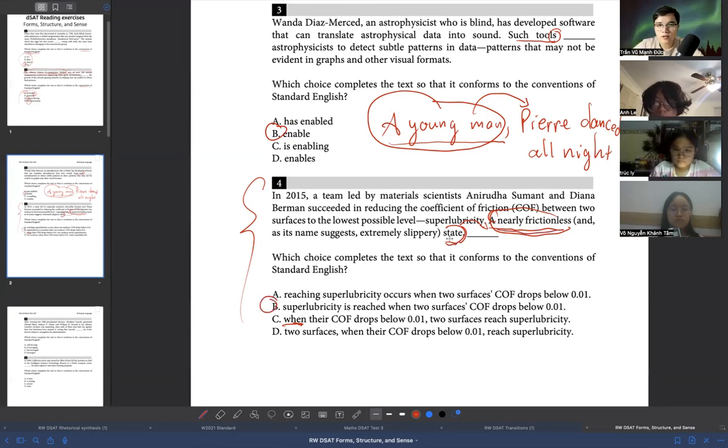What is a nearly frictionless state? Superlubricity. Exactly. Superlubricity is the word in question. So a nearly frictionless state, it can't be reaching, right? It can't be two surfaces, and it also can't be when. So B is the only correct answer.